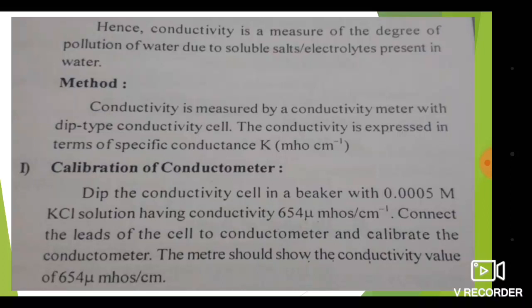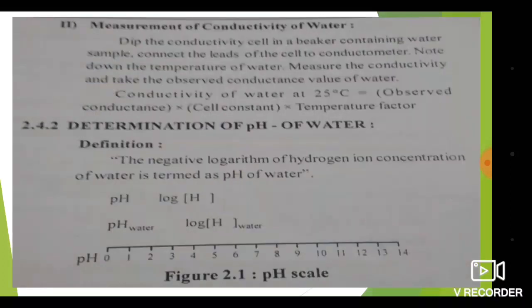Connect the leads of the cell to the conductometer and calibrate it. The meter should show a conductivity value of about 654 micromhos per centimeter. So this is about the calibration of the conductometer.